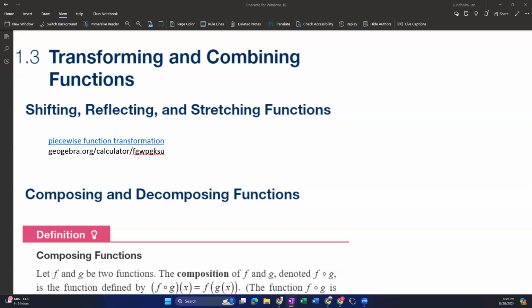But if on a normal function, just f of x, maybe we call this a parent function. If we call f of x the parent function, I want to look at transformations on this function when we multiply and add and subtract different things.